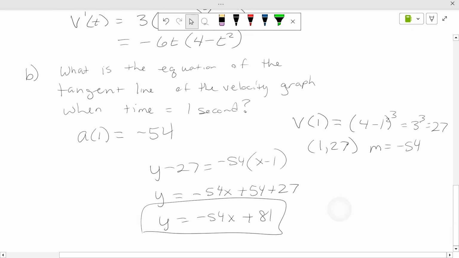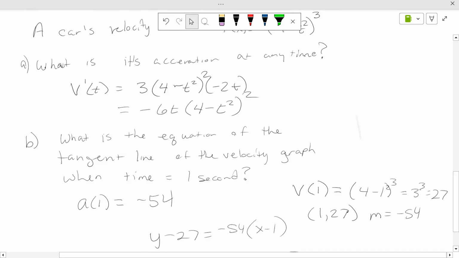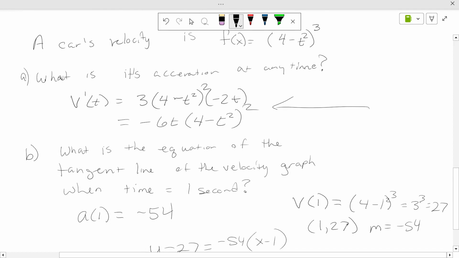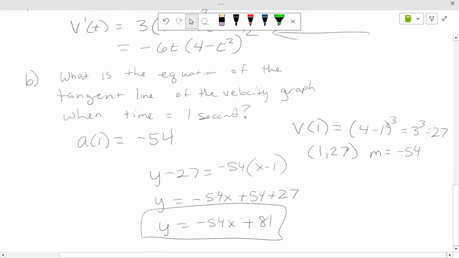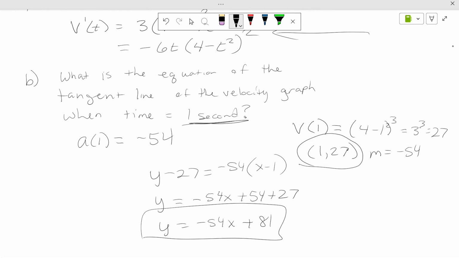Okay, Maggie. A tangent line uses a slope, which we find from finding the first derivative. We found the first derivative in part A because the acceleration is the first derivative of velocity. Okay? We find the ordered pair for point slope form by, we were told 1 second, so that's the x value.